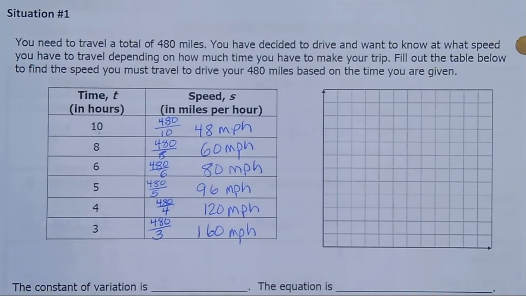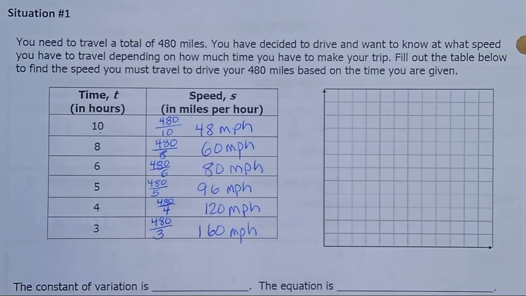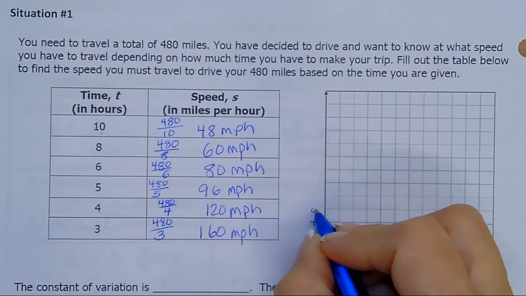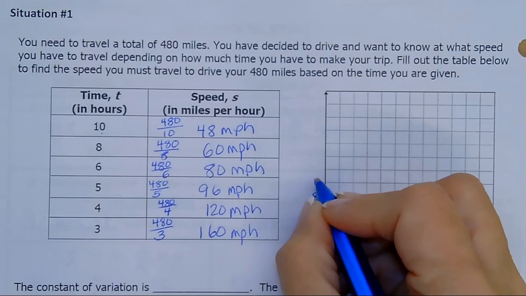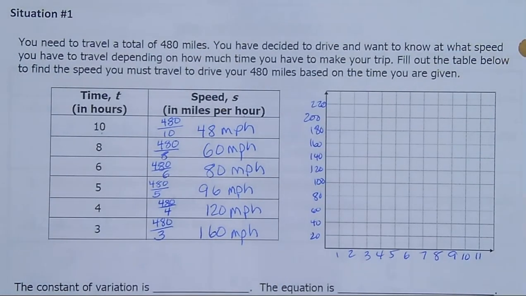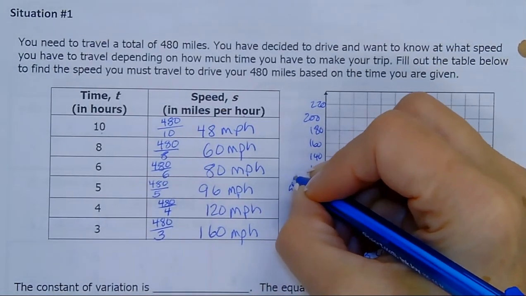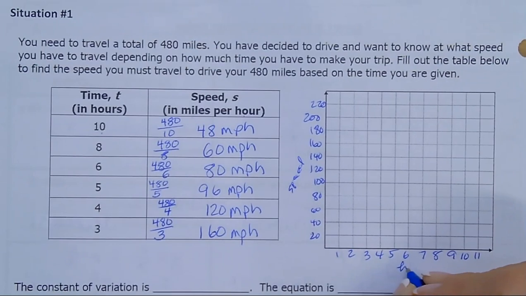Okay, so I'm going to label in my speed by 20, 40, 60, 80, 100. I'm going to pause while I fill this in. Okay, so I've at least made my table so that we can see that this is speed along here, and this is number of hours.